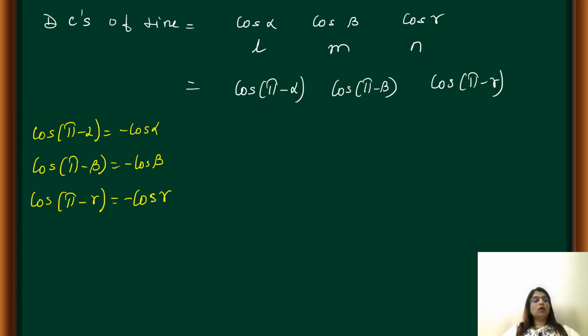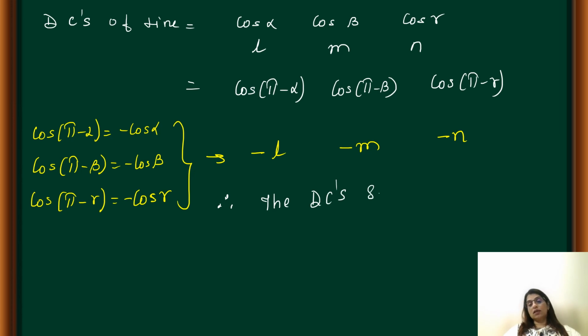Which means we get minus L, minus M, and minus N. So the two direction cosine sets are L, M, N, and minus L, minus M, and minus N, right?